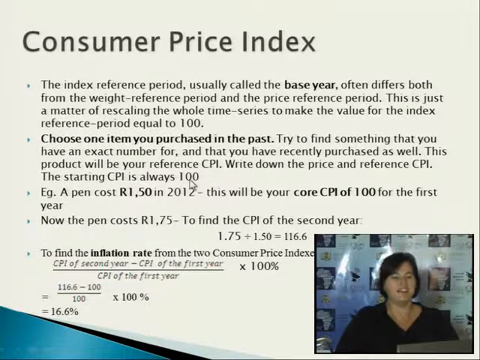Now here is an easy example. A pen costs R1.50 in 2012. This now will be your core CPI of 100 for the first year. Now, in 2013, that same pen costs R1.75.